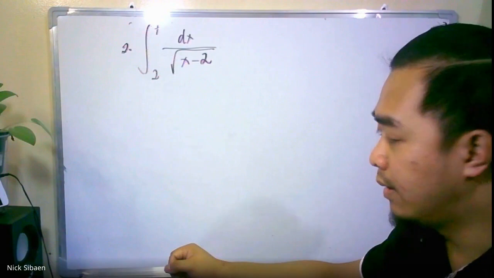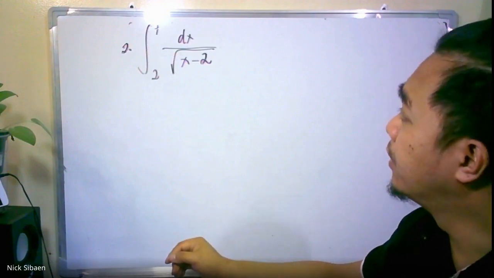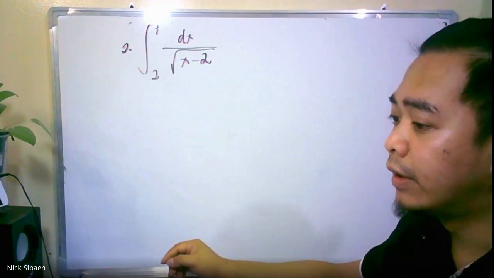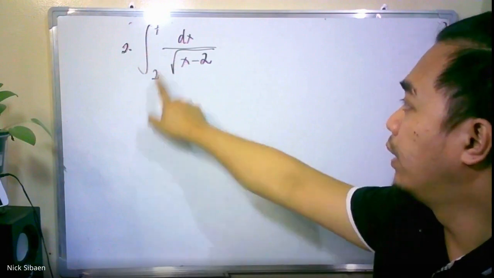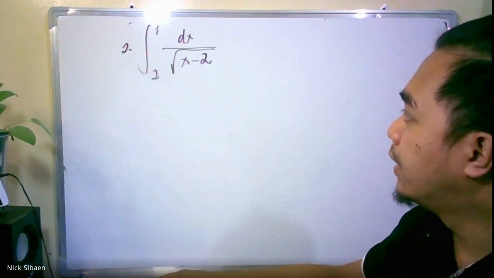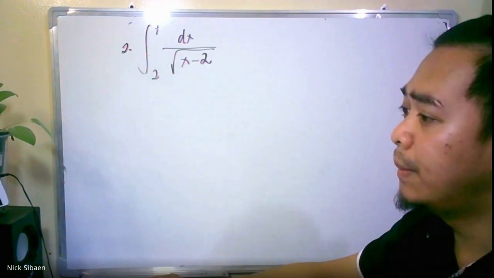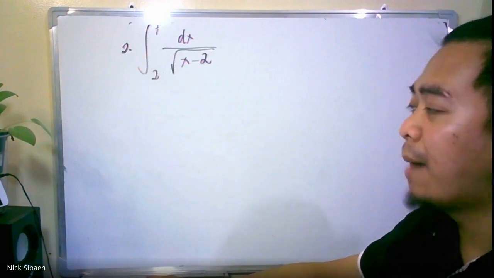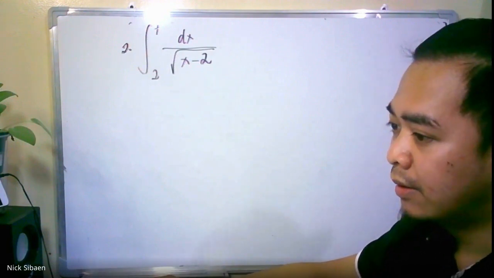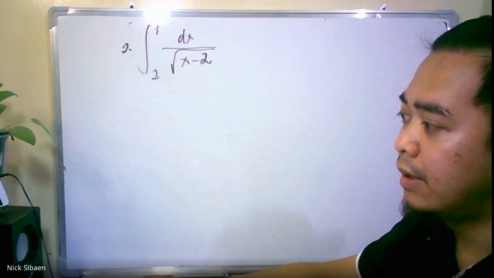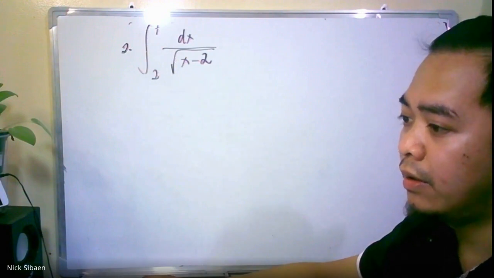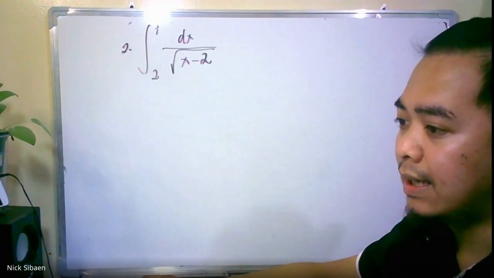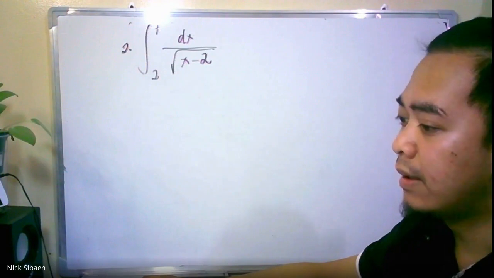That's what happens kapag vertical asymptote yang one of the limits. So the infinite discontinuity happens at the lower limit. So yung definition na magagamit natin ulit dyan ay yung unang definition. Yan, lower limit kasi siya.